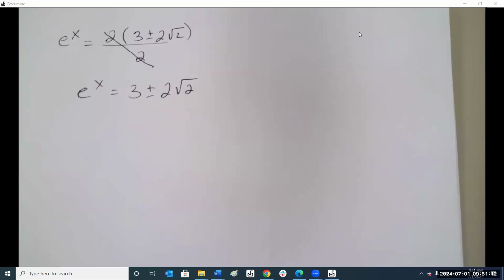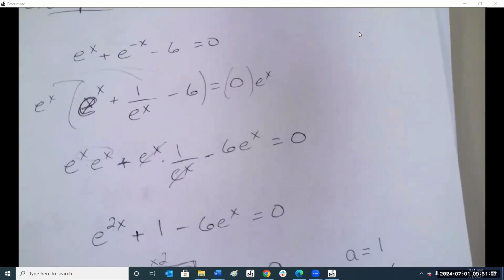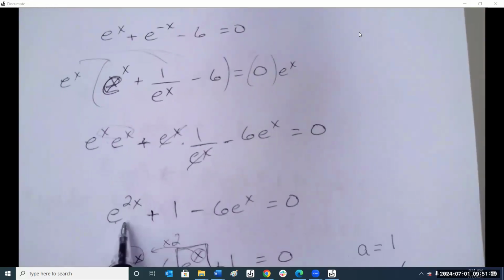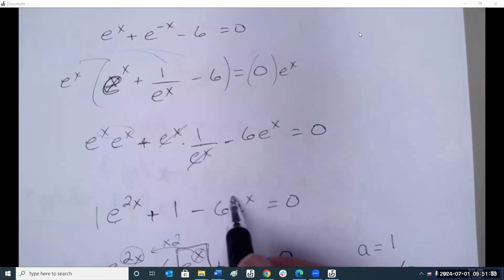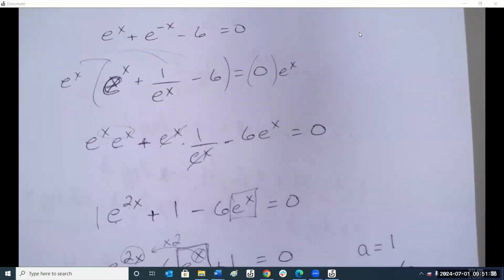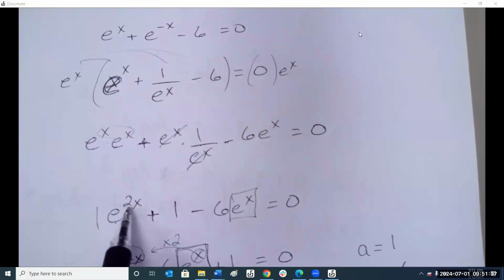For which one? A is 1, because that's the coefficient of the first term. E is the base. The base is e. Coefficient is 1. Because we're solving for e to the x. So that's e to the x.